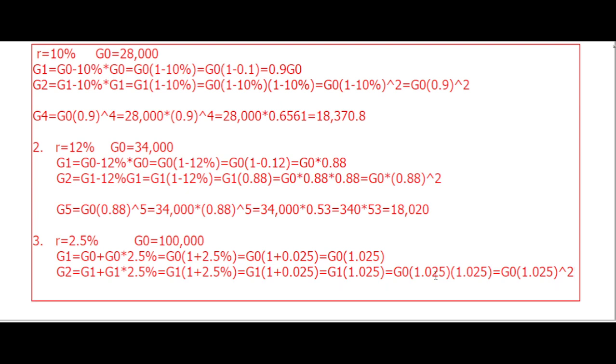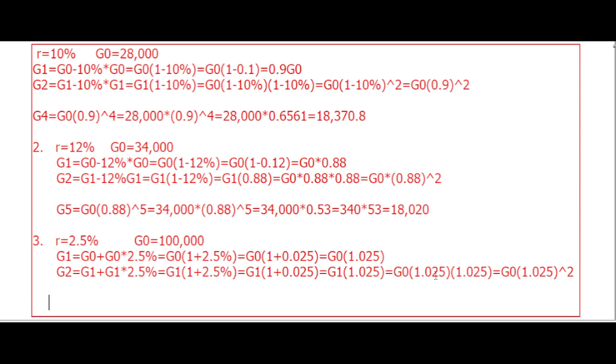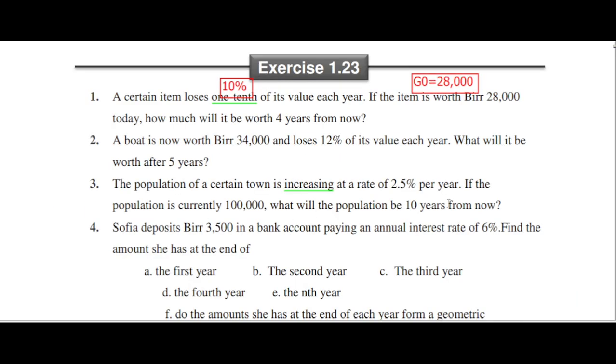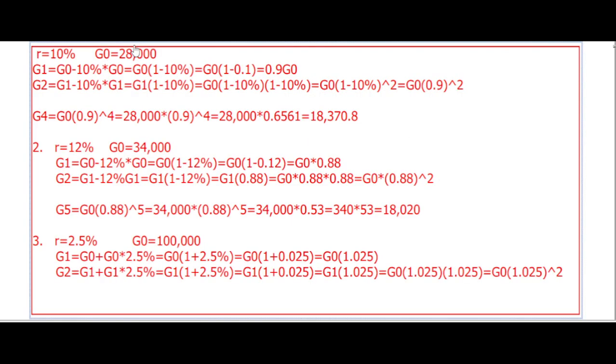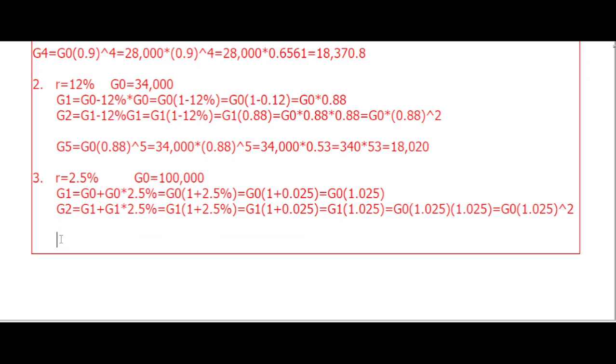So generally, our aim is to find G10. So G10 is equal to G naught times 1.025 to the power of 10.